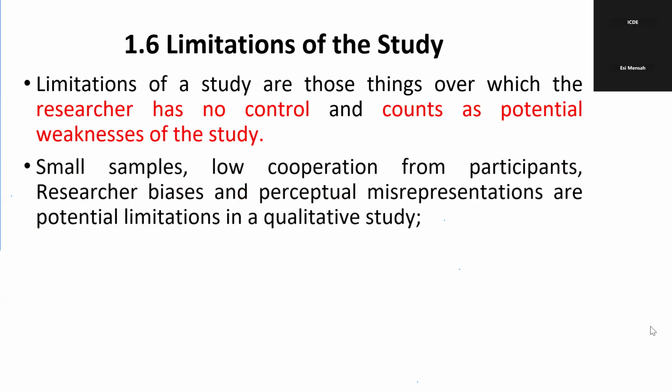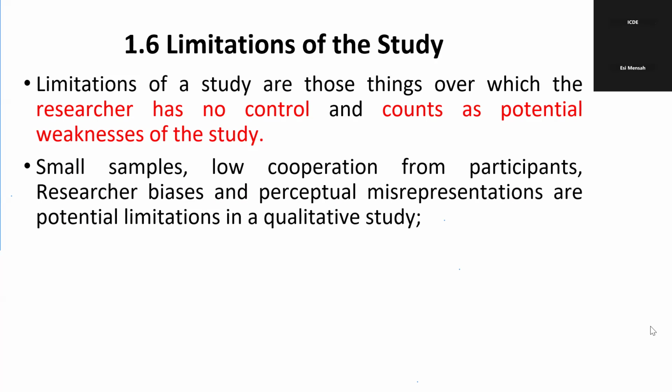So you need to tell us what those potential problems are going to be and what mechanisms you intend to put in place so that they don't affect the validity of your findings. For example, small samples could be a problem that you envision. Maybe the topic is very sensitive.